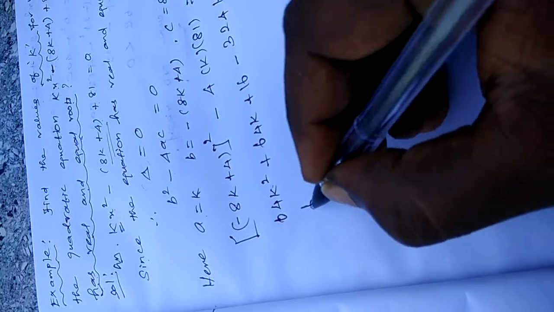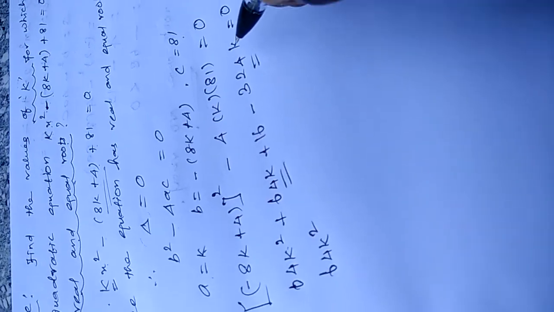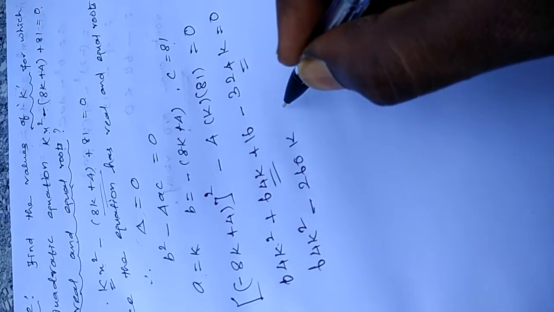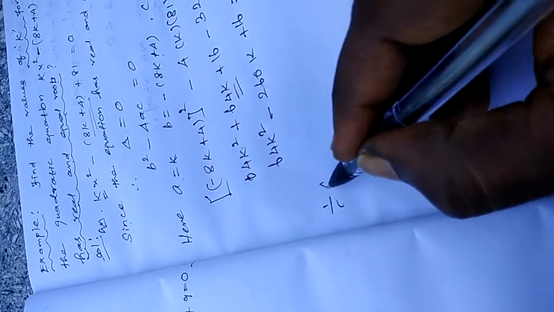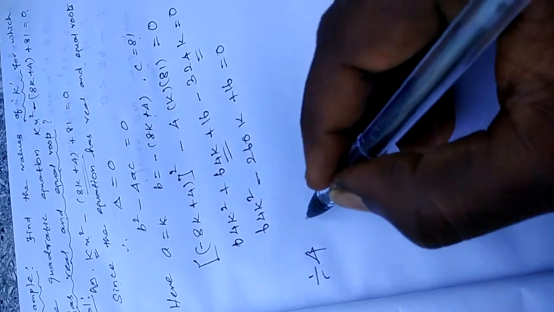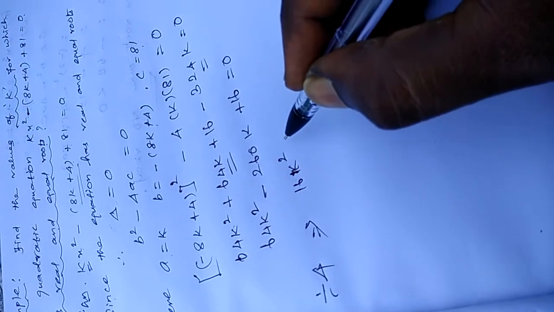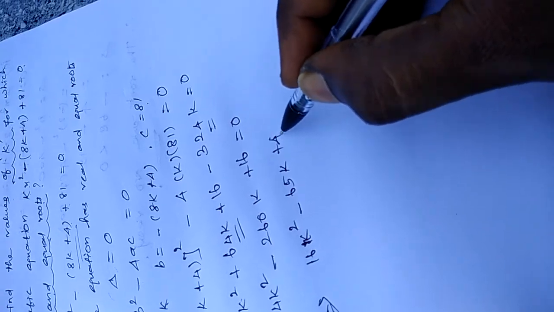So 64k squared plus 64k minus 324k plus 16 equal to 0. Subtracting, we get 64k squared minus 260k plus 16 equal to 0. Dividing by 4, 16k squared minus 65k plus 4 equal to 0.